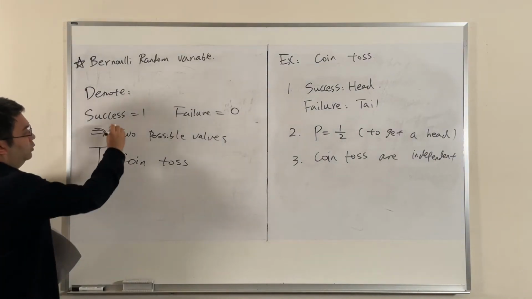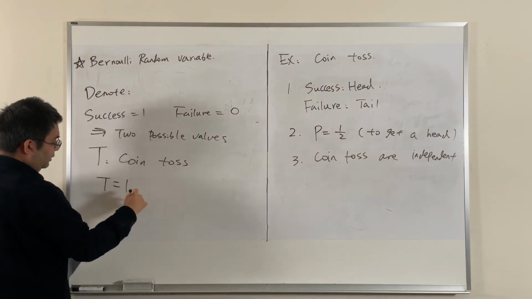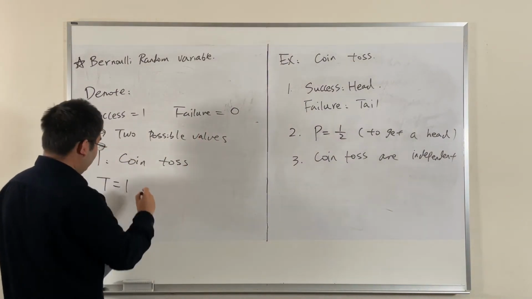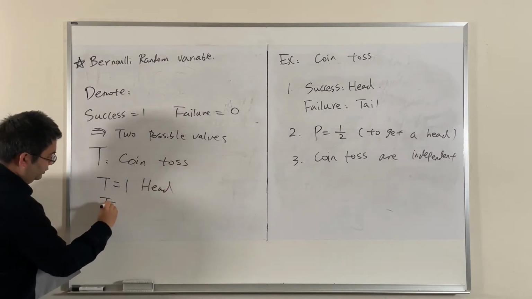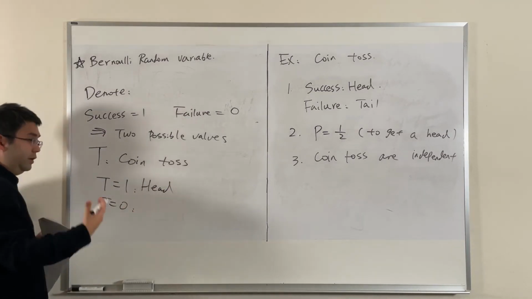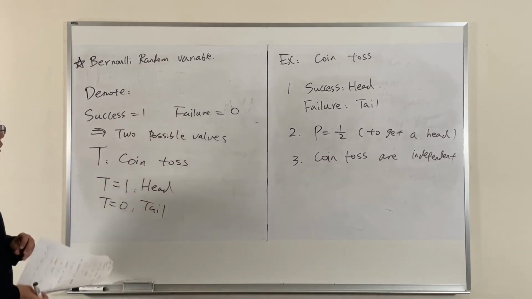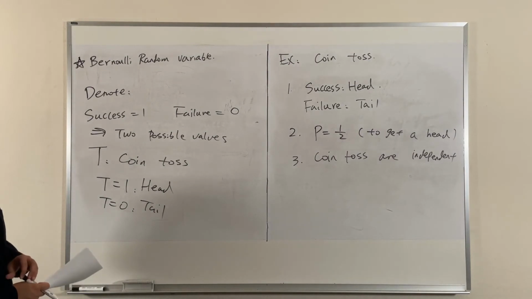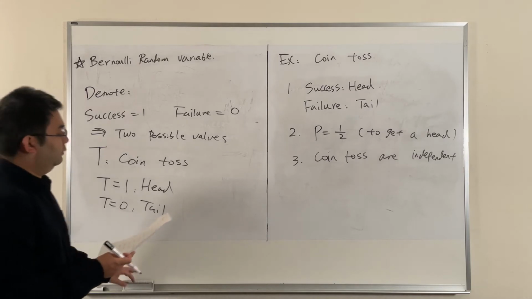Using this notation, T equals 1 means you get a success, which in our example is getting a head. And T equals 0 is getting a failure, which is getting a tail. Sounds good. Let's get the parameters of the Bernoulli random variable.